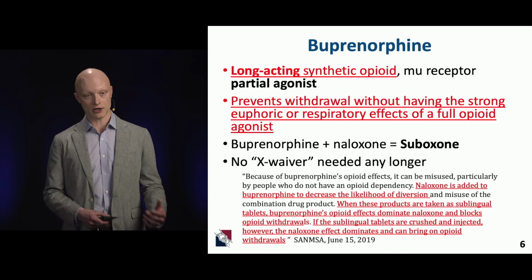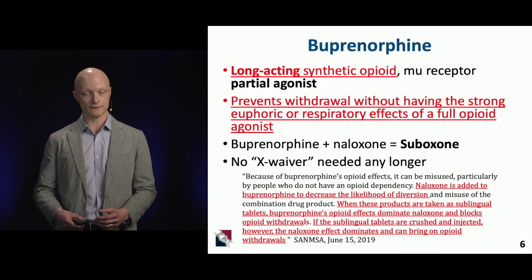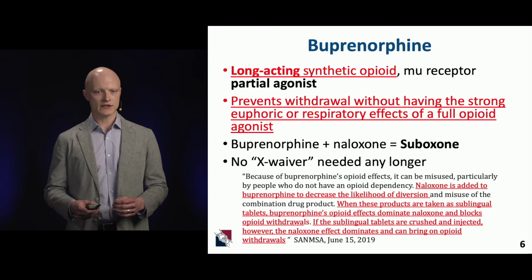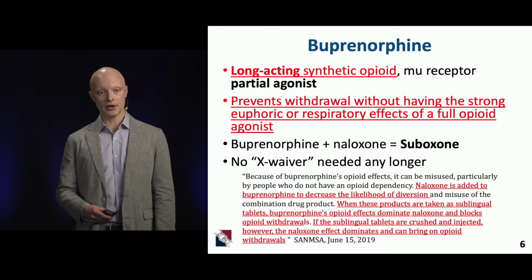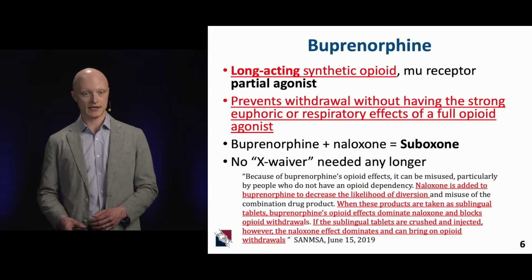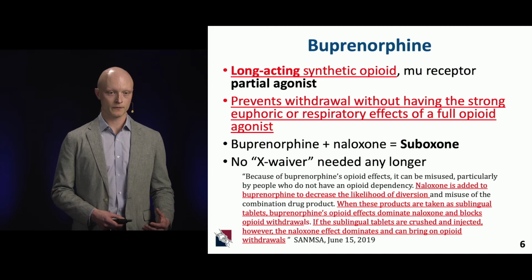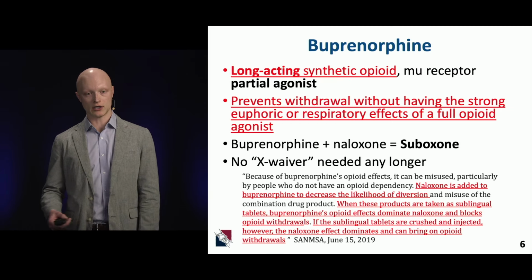But unlike heroin and fentanyl, it is only a partial agonist instead of a full agonist. So it doesn't give a patient a euphoric high feeling. But by partially activating that mu receptor, it prevents full withdrawal. And because it's long acting, it prevents that withdrawal for a long time.